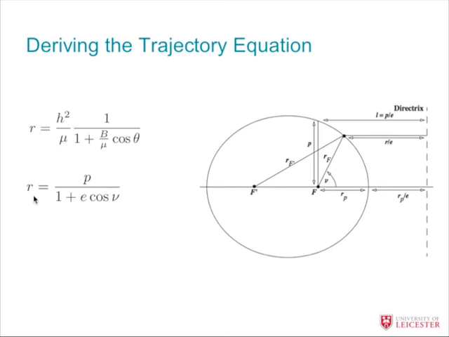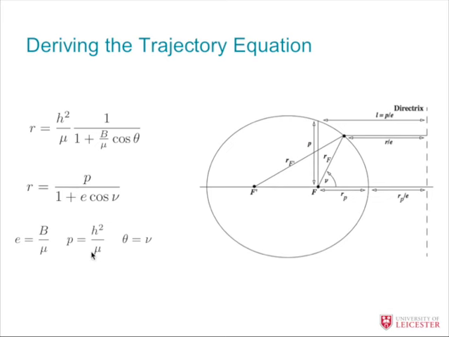And if we compare these two expressions, the one that I've just derived and the simple polar expression for a conic section, I find that these are directly comparable. And by comparing them, I have some identities which I can now use in further work. So I can see, for example, that h squared over mu takes place of p.